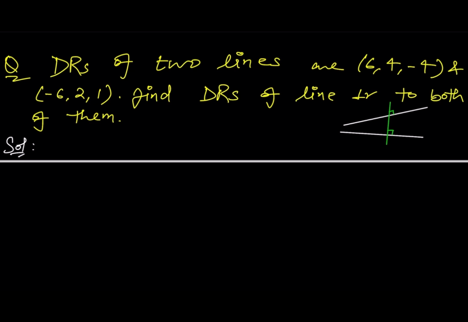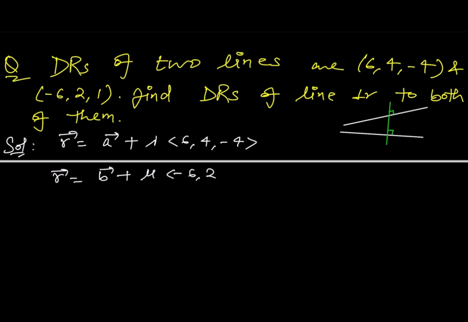So let's say corresponding to these two DRs, two lines are presented as r vector is equal to a vector plus lambda times p vector, that is 6, 4, minus 4, right? And second line is b vector plus mu times minus 6, 2, 1, because DRs of two lines are this coefficient of lambda and coefficient of mu.